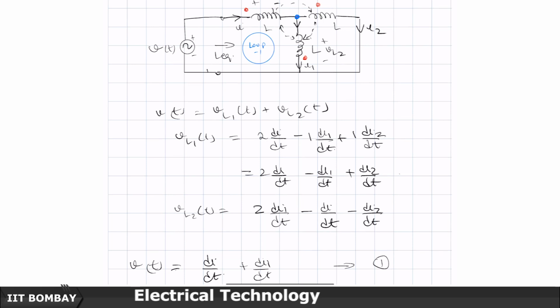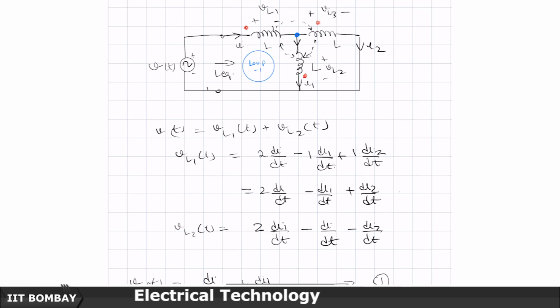Let us write the VL3. I will first write it here and then copy paste it downwards. VL3 is going to be its own self inductance drop, which is 2 di2 by dt, and then the mutual inductance drop due to inductor L1 and the mutual inductance voltage drop due to inductor L2. If I take L1, mutual inductance is 1, current I is entering the dotted terminal, it induces plus and minus polarities here.